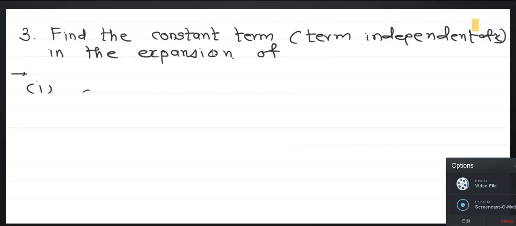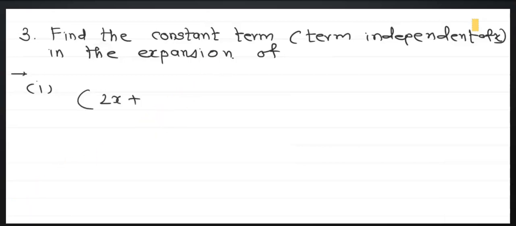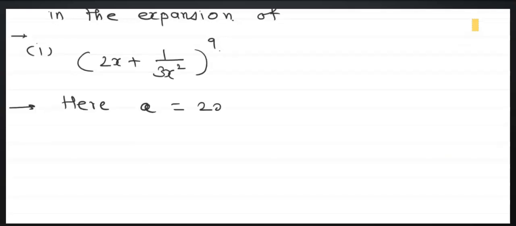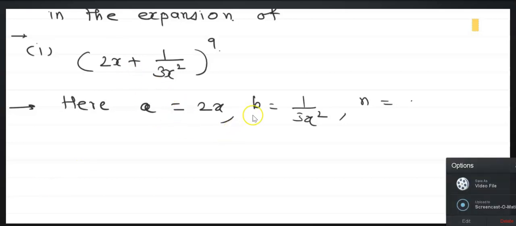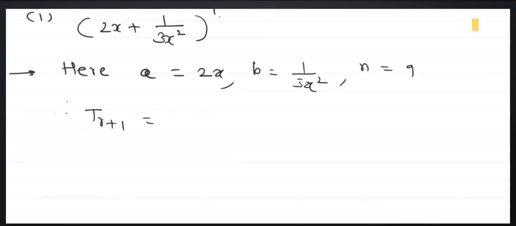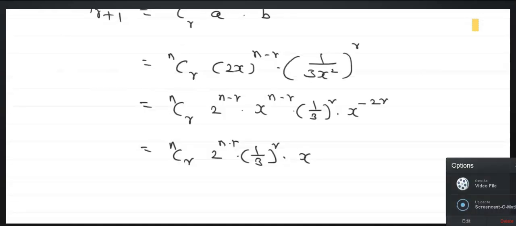Apply this trick here and we solve all the problems. Same formula is ready here also. Here a equals 2x, b equals 1 upon 3x squared, and n equals 9. Again, very simple. T(r+1) equals nCr a^(n minus r) b^r. This is the formula.